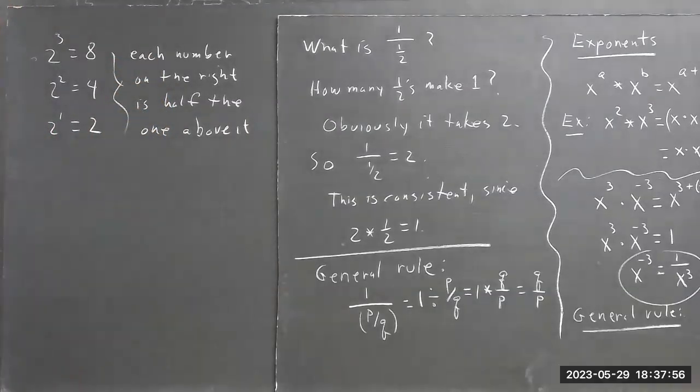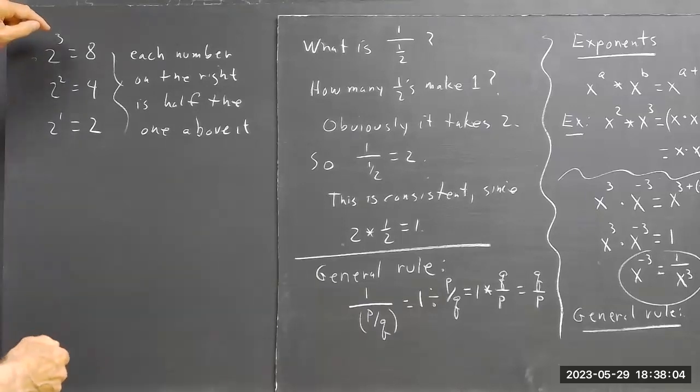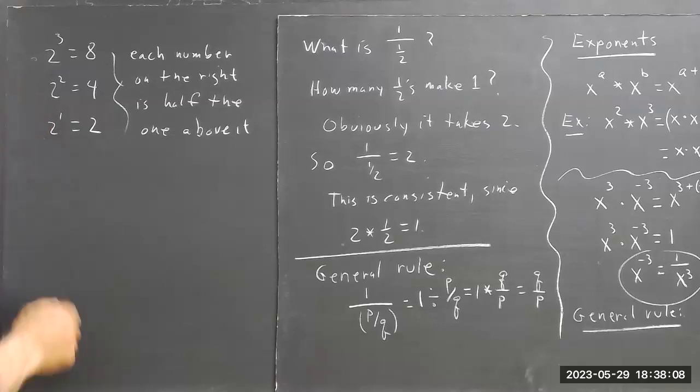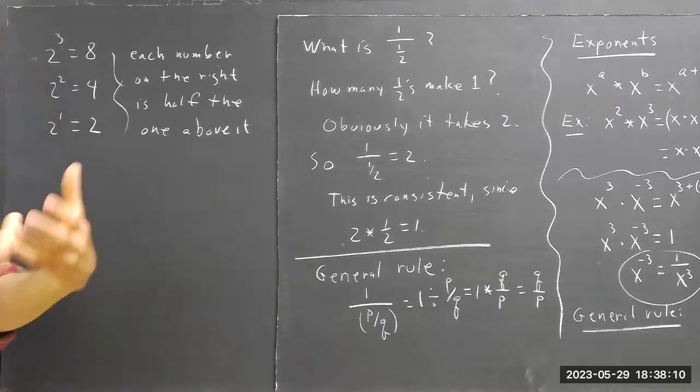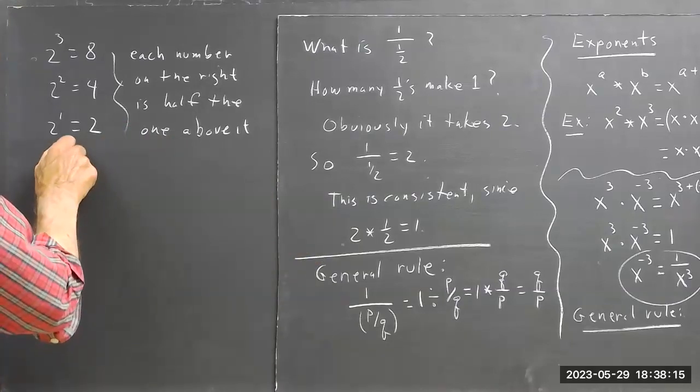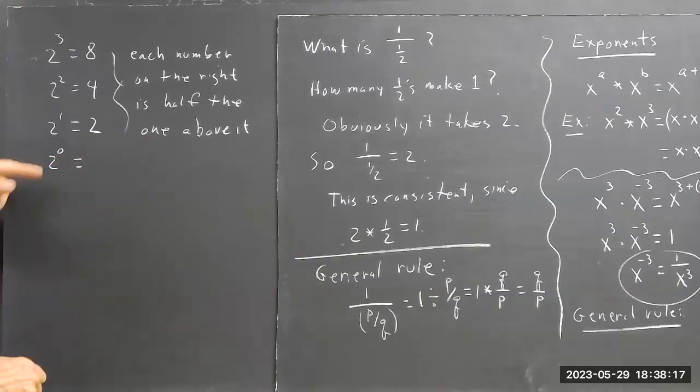And each power over here is 1 less than the one above it. So our pattern becomes pretty clear. We got the third power, the second power, the first power. What's going to be next? 3, 2, 1, blasting off a rocket, 0. So we're going to get 2 to the 0.